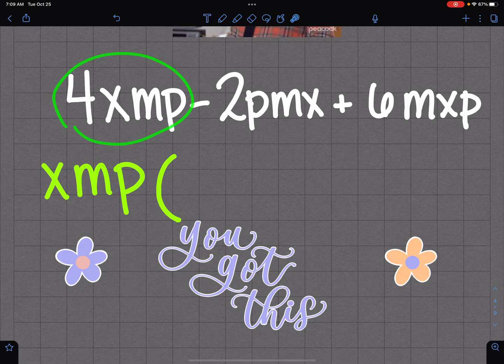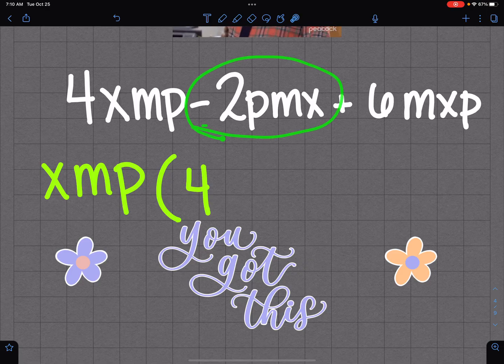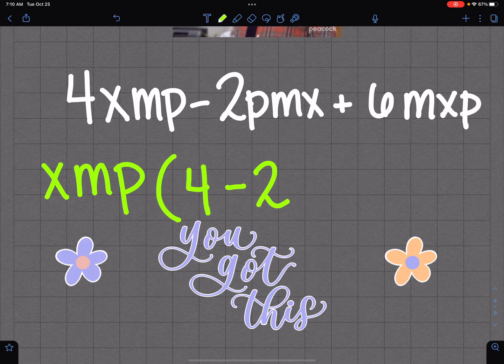If I take XMP out of this, all I have left is the 4. Let's look at the next term. If I take the XMP out of that, all I have is that minus 2. And if I take the XMP out of this last term, all I have is that plus 6.